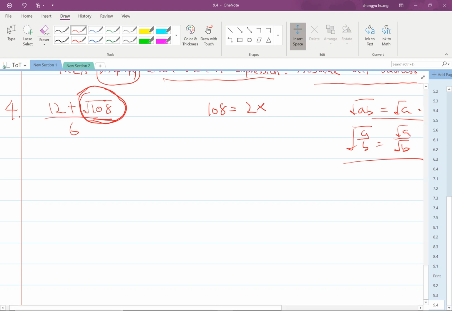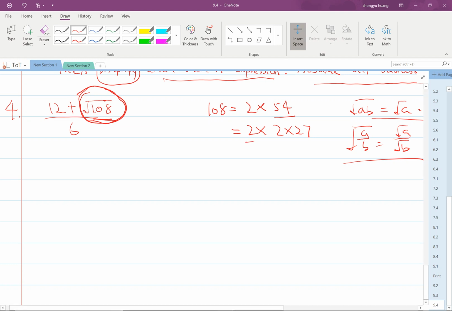So 108 is equal to 2 multiplied by 54. And it's still not quite clear, right? So after that you can write 54 as 2 multiplied by 27, right? So now everything becomes a little bit more clear.